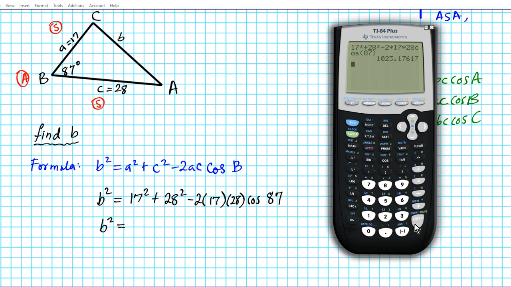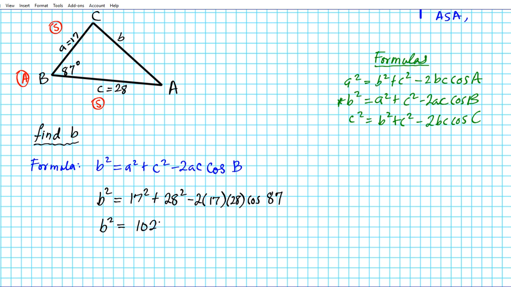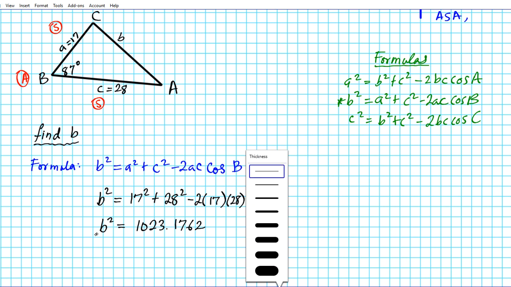Alright, that gives us 1023.1762. To get b by itself, we take the square root of both sides of the equation.